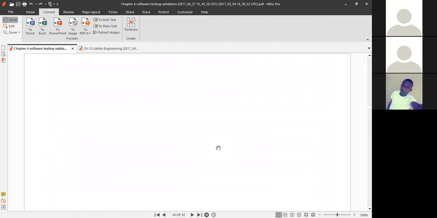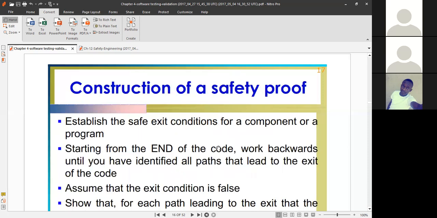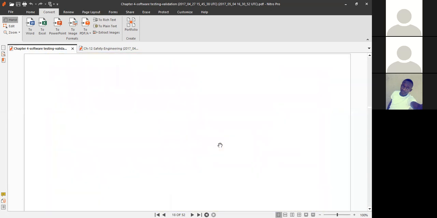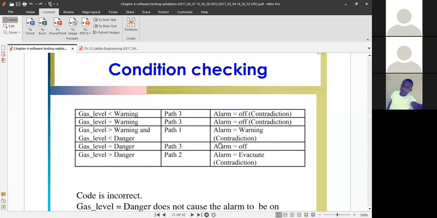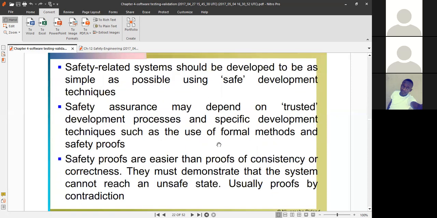Safety proofs, I will also comment about them later. They just talk about them here, then they give an example.